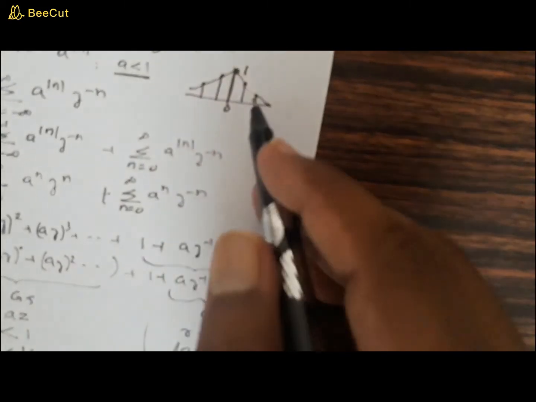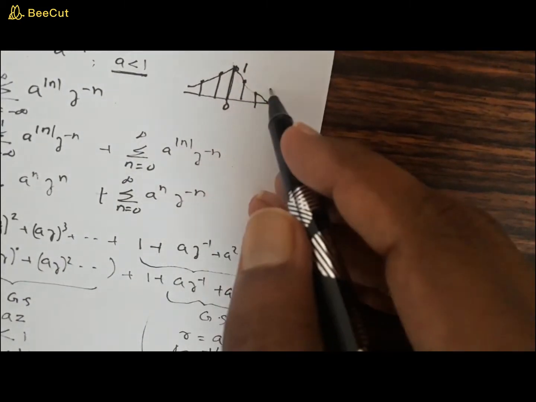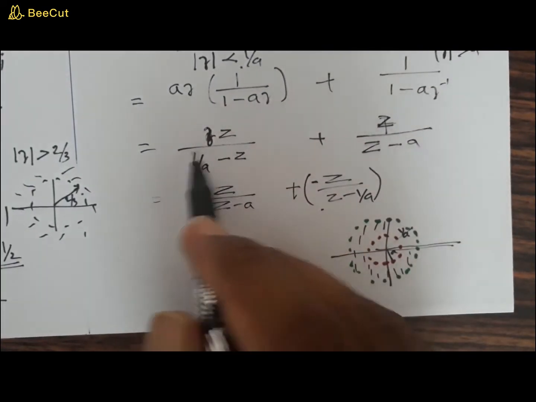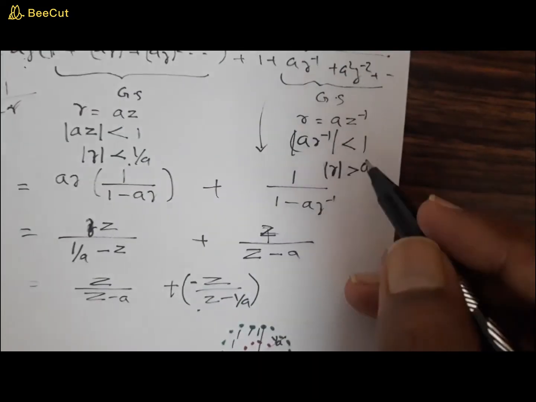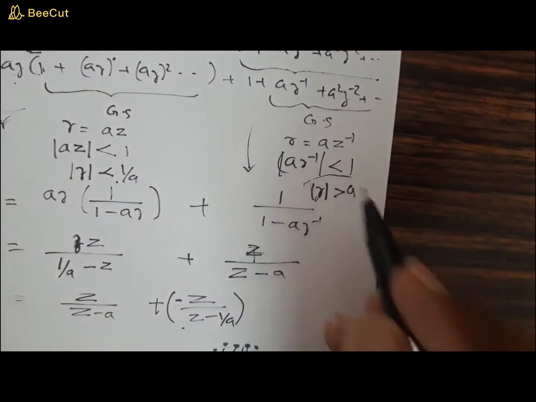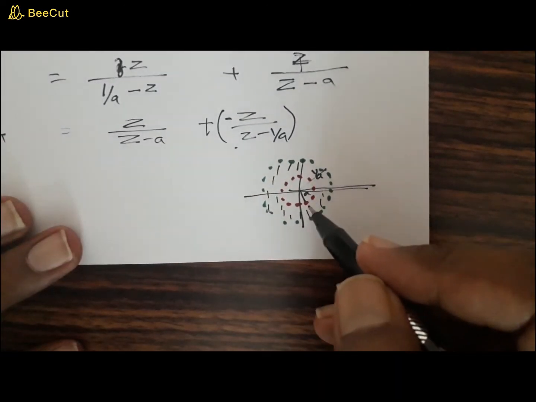Now there is a restriction imposed by this causal part. For the combined Z transform to exist, this must also be taken into consideration. That is, mod Z has to be greater than A.